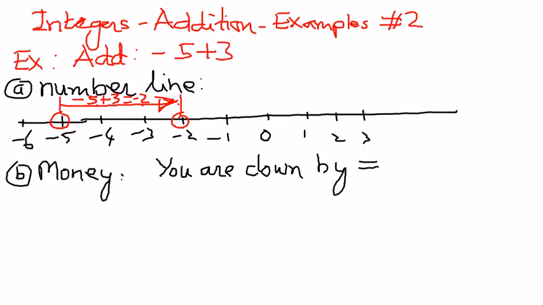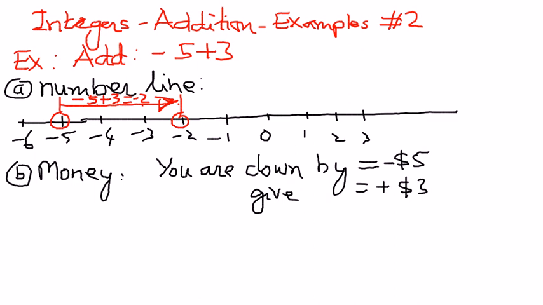That means you are on a negative balance, and then you were able to give $3 for some reason. So you're down by $5, which can be represented as a negative $5, and you were able to give away only $3, so that we can represent as a positive number.